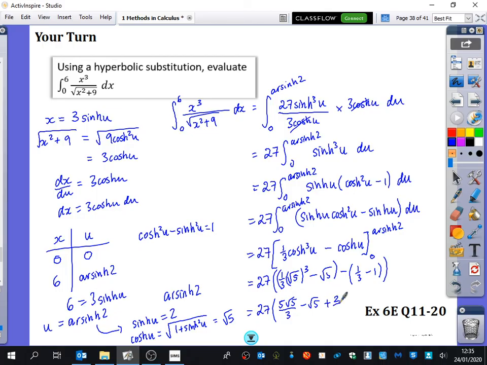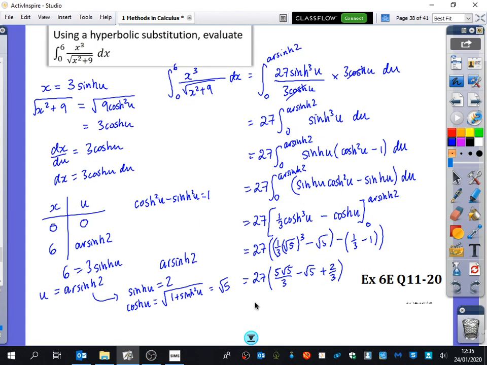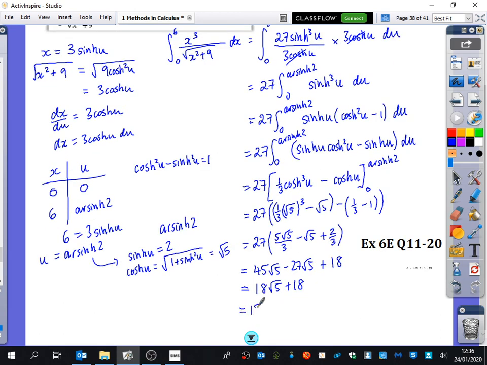So it becomes a plus 2/3. If we then multiply out by 27, you get 9 times 5, which is 45 root 5, minus 27 root 5, plus 18. 45 take away 27 is 18 root 5 plus 18, which is 18 times root 5 plus 1.